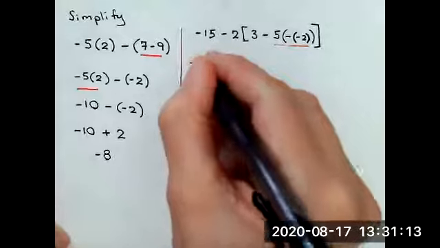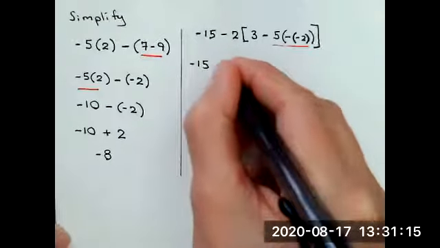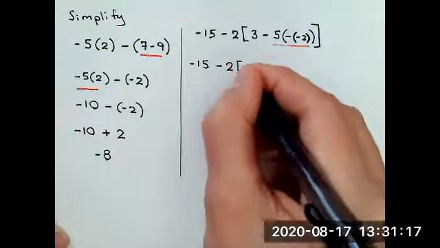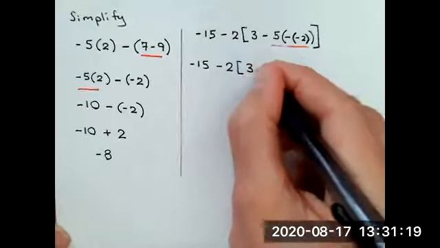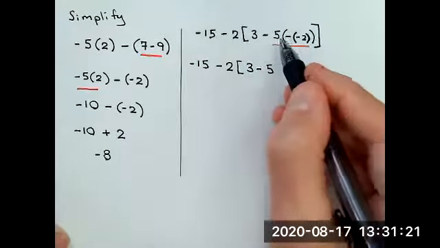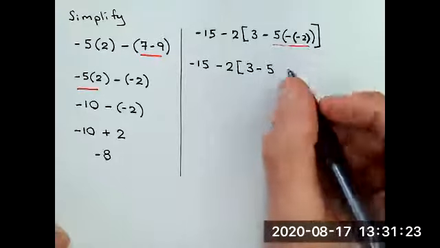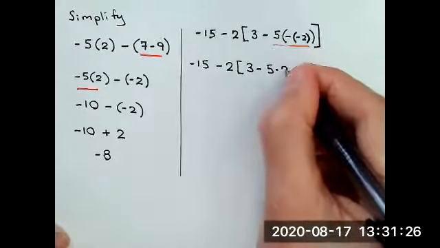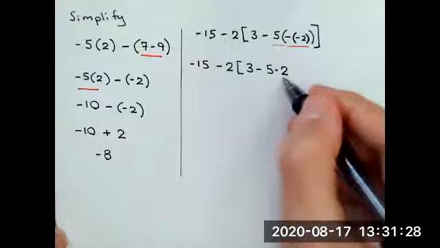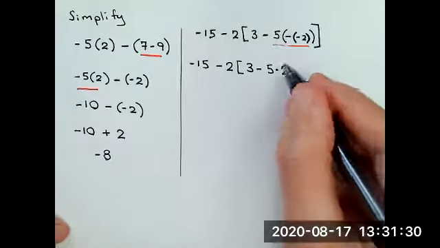We have negative 15 minus 2, 3 minus 5, and then the negative of negative 2 is positive 2. And because it's positive, I can just go ahead and take away the parentheses.